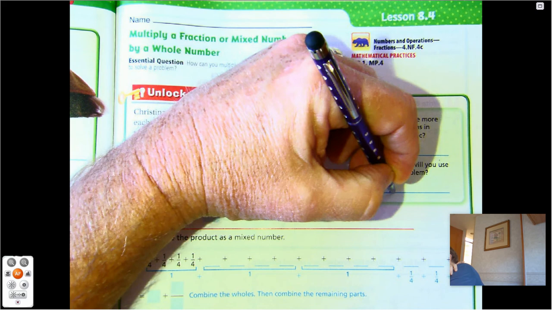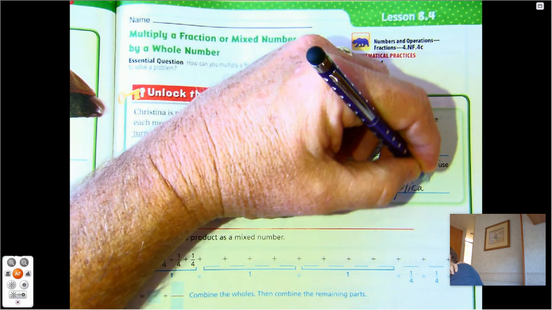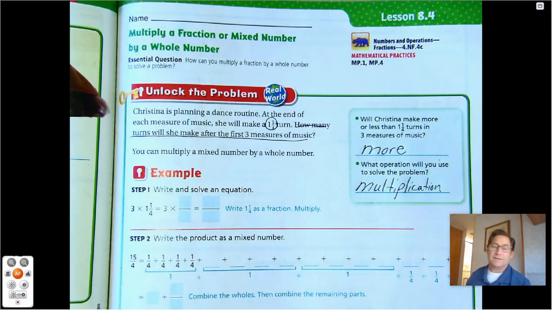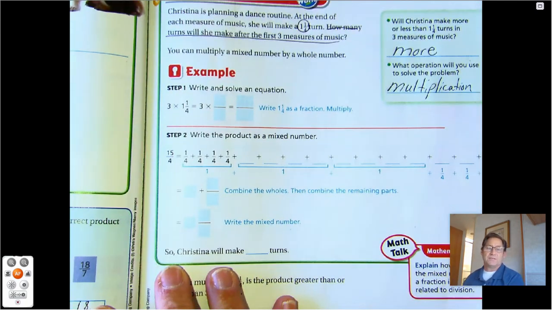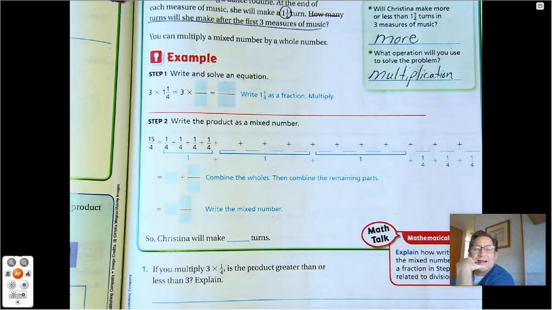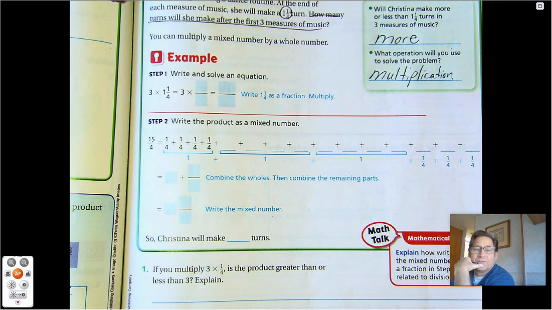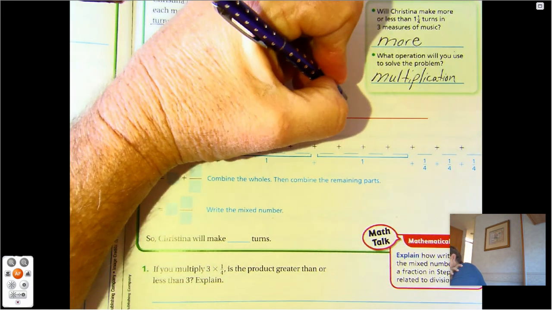We're going to use multiplication to solve this problem. Okay. All right, so let's look at some examples. So we can write and solve an equation. So 3 times 1 1/4, and they want us to multiply the 3 sets by 1 1/4, but write 1 1/4 as a fraction first. So 1 1/4.